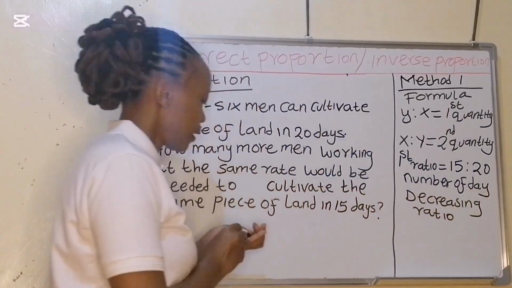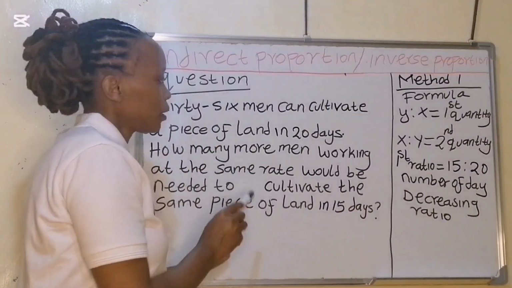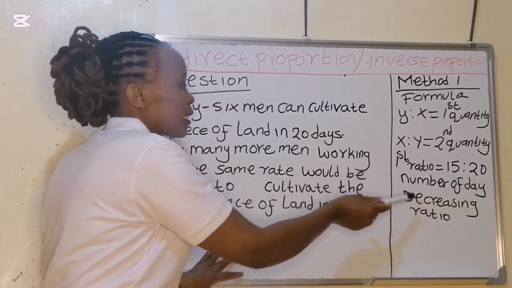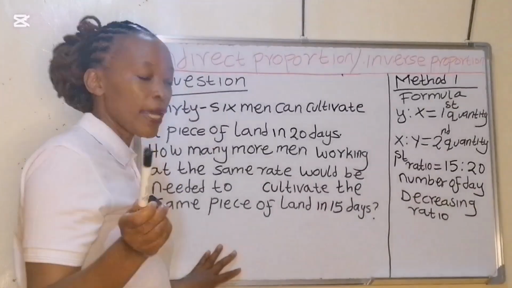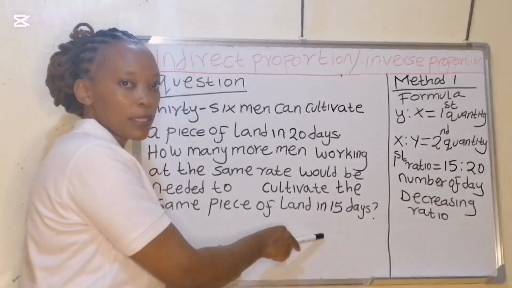Let me explain. The first ratio, looking at this question, is 15 to 20, and it is a decreasing ratio. Why? We are moving from 20 days to 15 days.